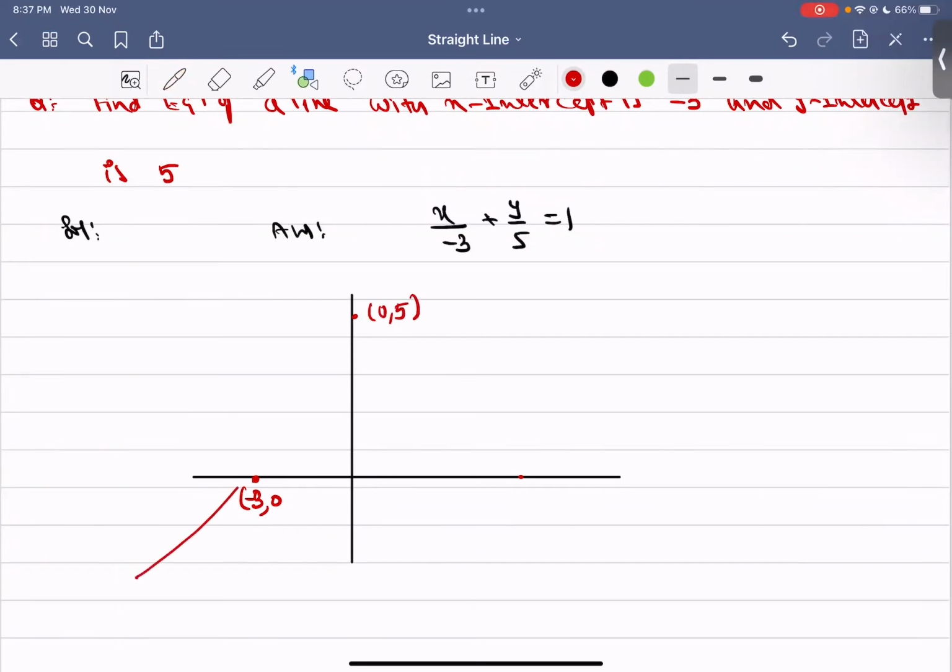Therefore the required line is this one. So this is x by minus 3 plus y by 5 is equal to 1.